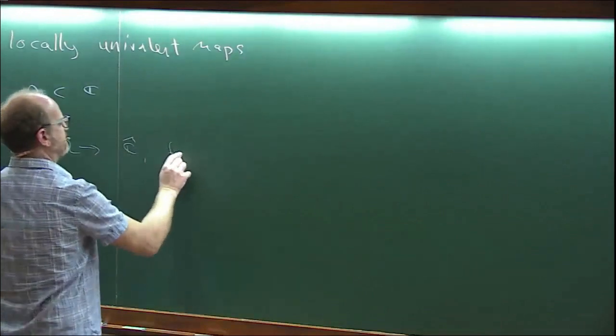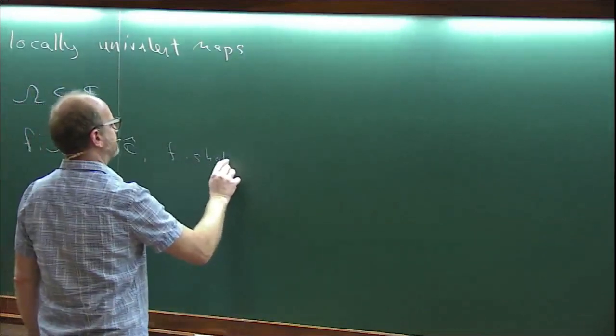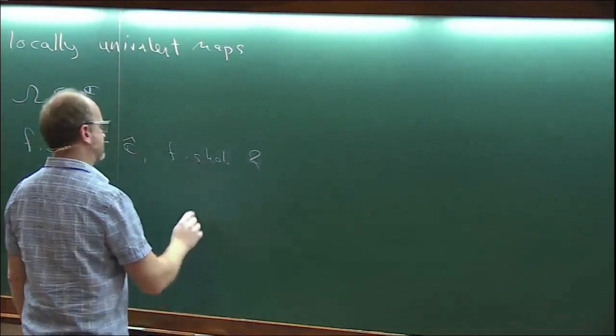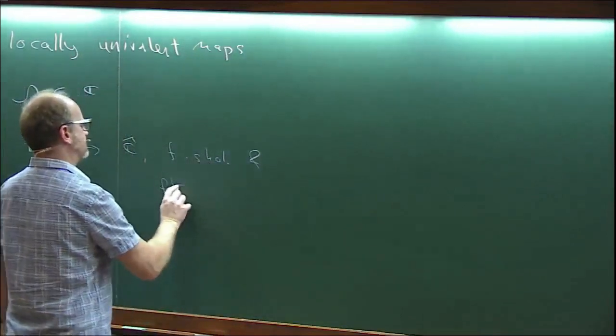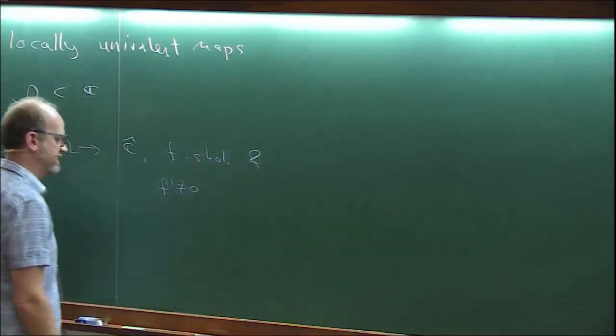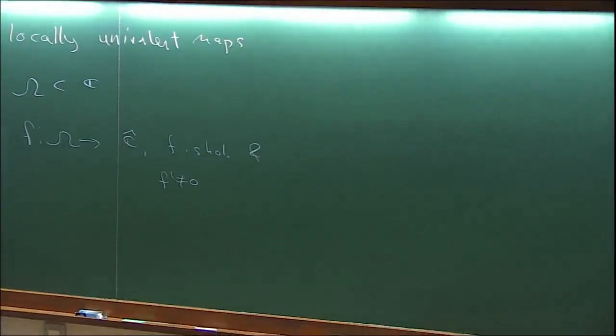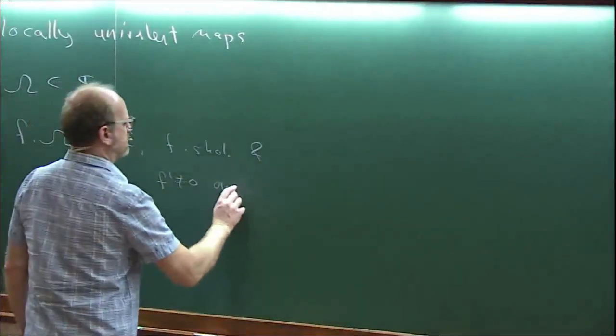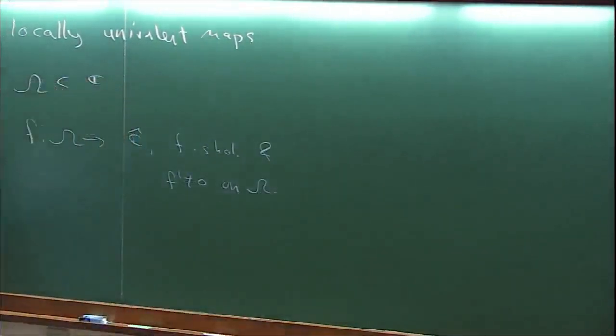So f is holomorphic, and the derivative is never zero on omega. Okay, so just by classical theory of holomorphic maps, this means this map is locally injective. And so locally univalent is the classical word for a holomorphic locally injective map.